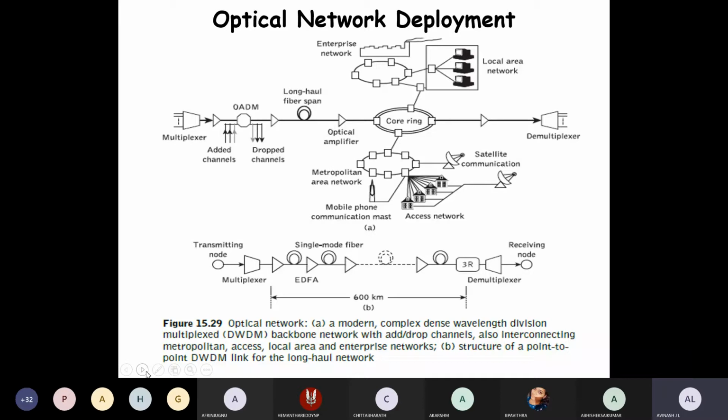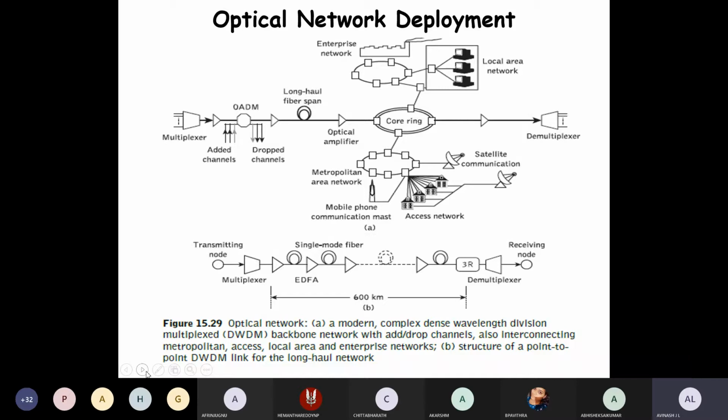Now the optical network. Here is a modern complex dense wavelength division multiplexed backbone network with add or drop channels, that is figure A. You can see from the multiplexer to the demultiplexer. The multiplexer will multiplex the signal. Here the OADM, optical add drop multiplexer, will once again add some channels and remove some channels. After that a long haul fiber span will be there, and then an optical amplifier will be used.